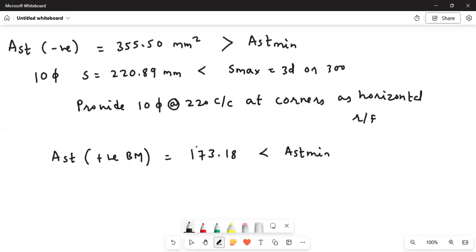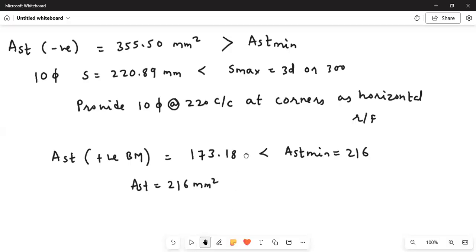Why are you getting a lesser value? Because the positive bending moment is lesser. That is why the AST value you are getting is less. But it should not be less than AST minimum. If it is less than AST minimum, then you need to provide AST minimum. Minimum value is 216 mm square. So provide AST equal to 216 mm square.